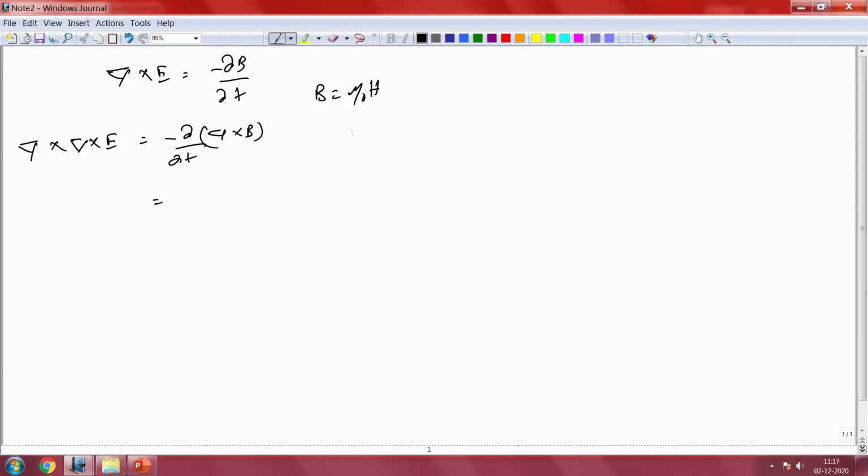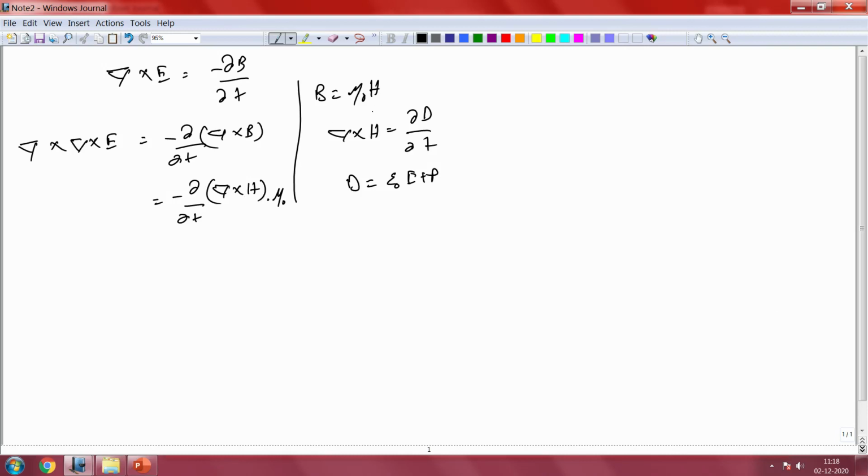So we can also write that we know that del cross H equals dou D by dou t, and we also know D is epsilon naught E plus P. So we are going to use this. So minus dou by dou t of del cross H, times mu naught.